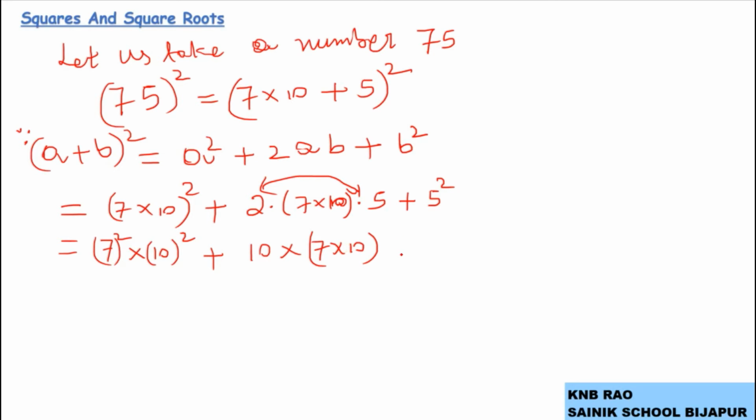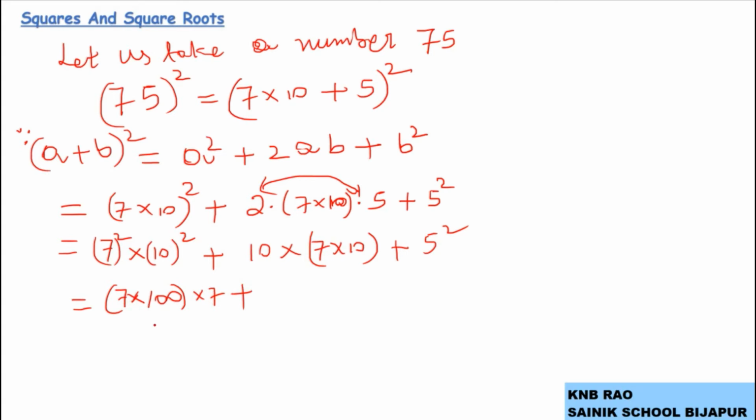Now try to observe here we have this 10 square giving us 100 into 7 square, and I have taken another 7 into 7 into 100.